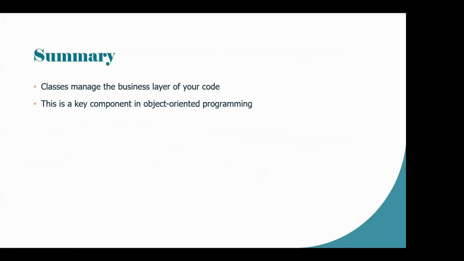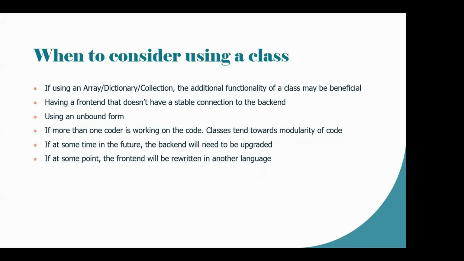So classes manage the business layer of your code, and this is a key component in object-oriented programming. Now that I've given you a 30,000-foot view of the benefits of a class, I'll give you some indications of when to consider using a class. If you're using an array, a dictionary, or a collection, the added functionality of the class may be beneficial.